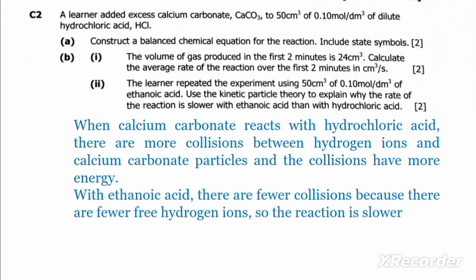Remember, there is a question where we talked about concentration. We have seen that hydrochloric acid makes the concentration of hydrogen ions higher, thereby making the reaction fast. Then this one that is producing fewer hydrogen ions, the reaction will be slower.